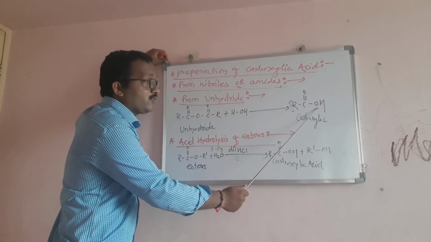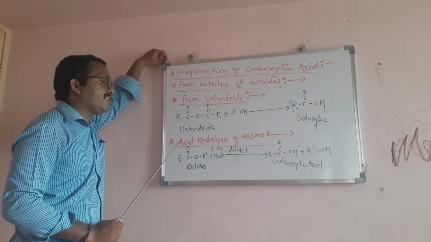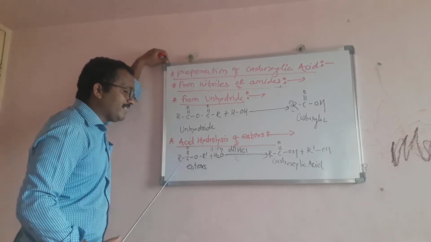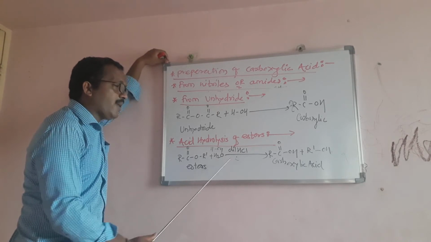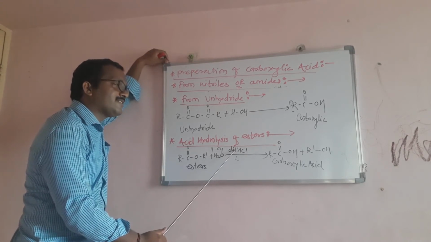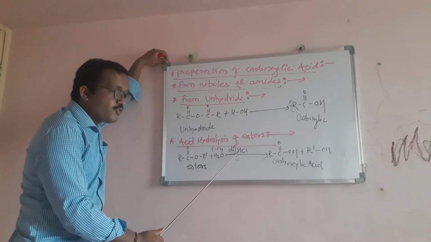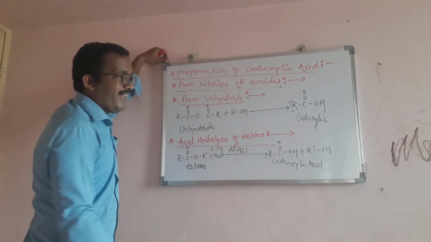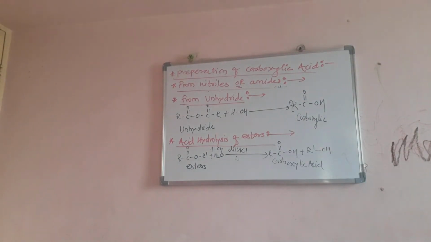The next is the acid hydrolysis of esters, where esters undergo hydrolysis in the presence of dilute mineral acids, HCl or H2SO4, and give a carboxylic acid.